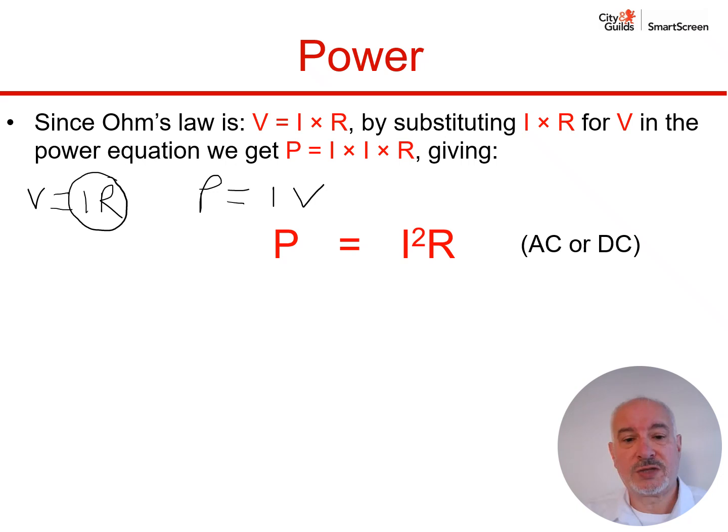What we're going to do is remove the V. So we're substituting the V. We're going to get rid of that, and instead we're going to write IR, because according to Ohm's law, IR is the same as V. So we've just substituted it into the power formula. So now we've got P equals I times I times R. And where we have I times I, that's just the same as saying I squared. And that's why we write it as P equals I squared R, our new formula.